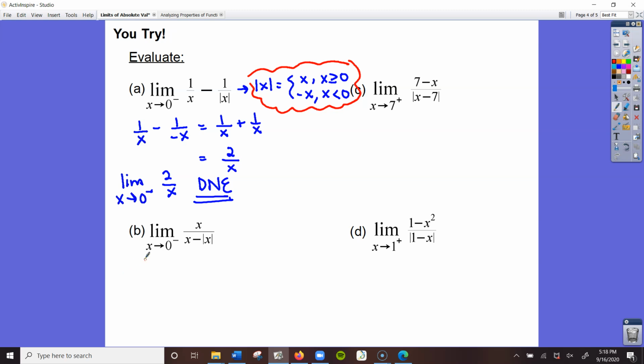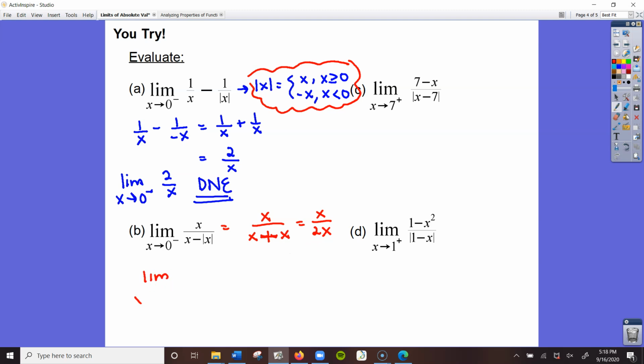So we have x over x and then minus, and then since this is as x is approaching 0 from the left, I have to plug in negative x. So this would be minus (-x), which of course a negative with another negative becomes positive, and I end up with the function x over 2x.